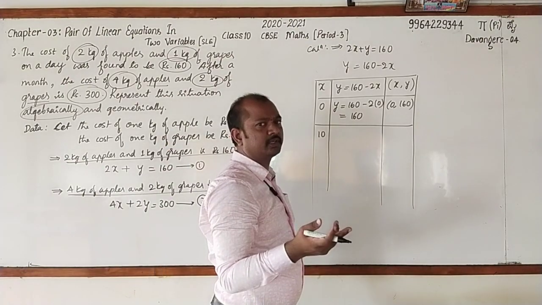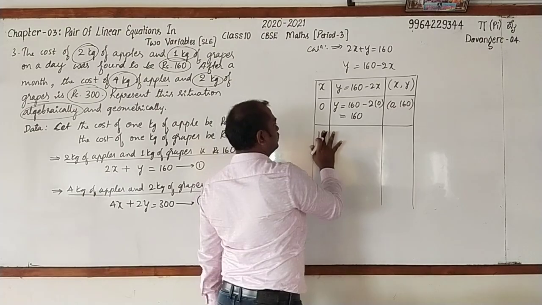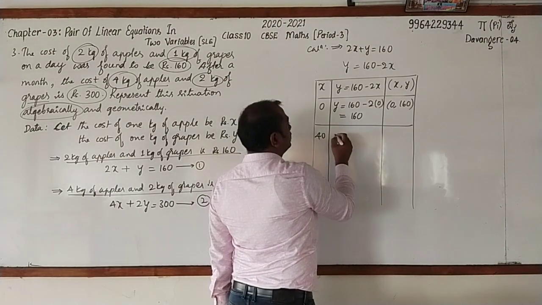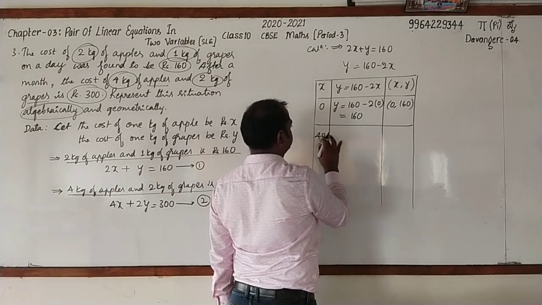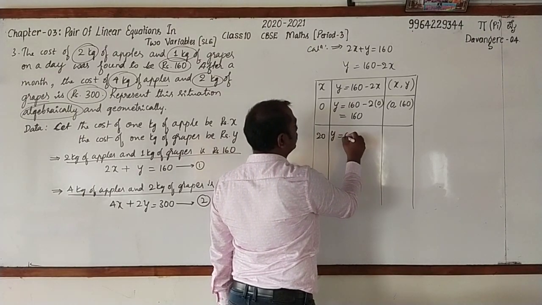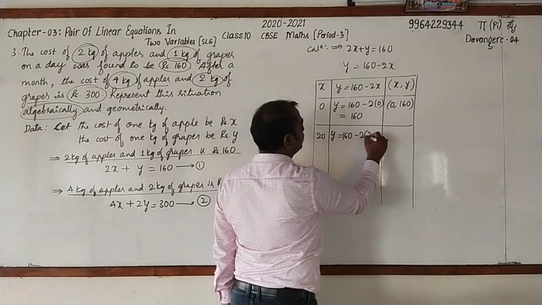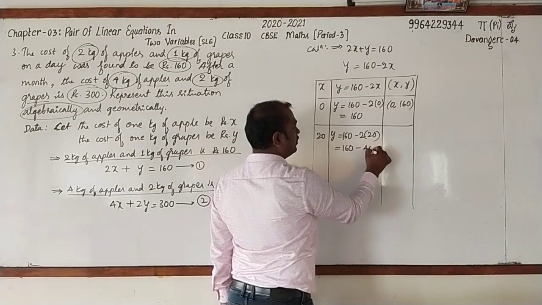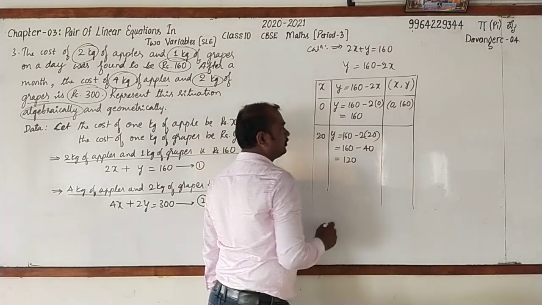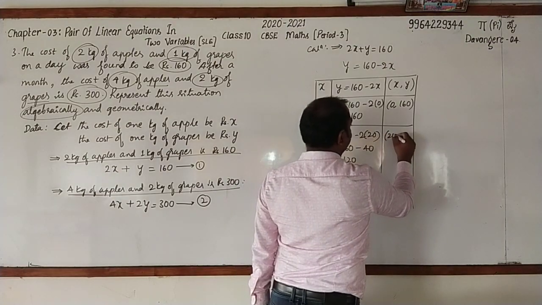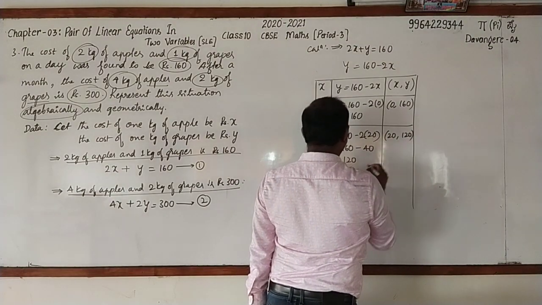Say 10, or else 20, 40 like that. If you want, you can take 20. Then y is equal to 160 minus 2 into 20. This is equal to 160 minus 40. This will be 120. Clear? Yes. When x is 20, y is 120.